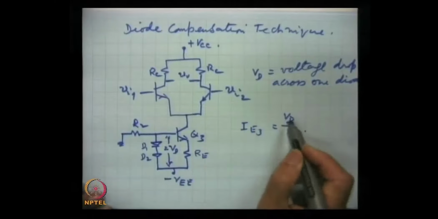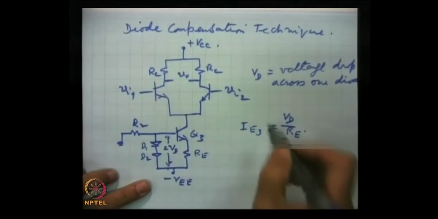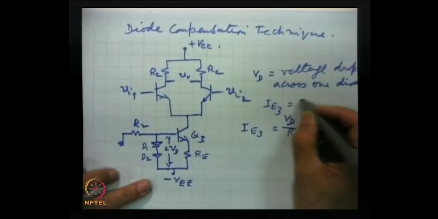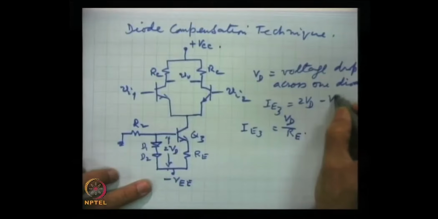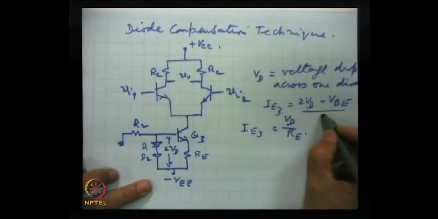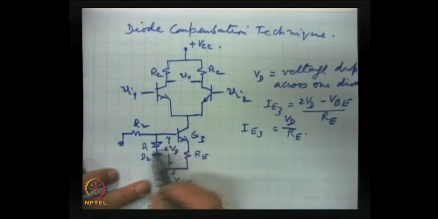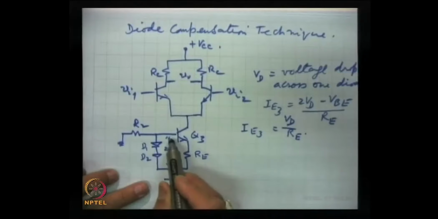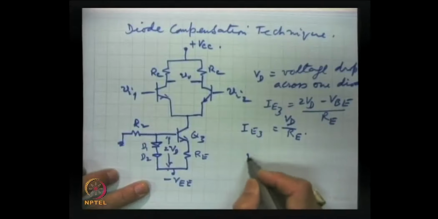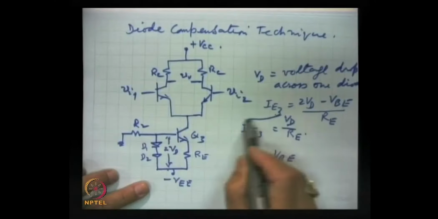This has been derived from 2 V_D minus V_E. For example, I could have written an earlier expression as 2 V_D minus V_BE by R_E. But because the base emitter junction and these diodes have identical characteristics, V_D is equal to V_BE, and when we use that, we get this expression.